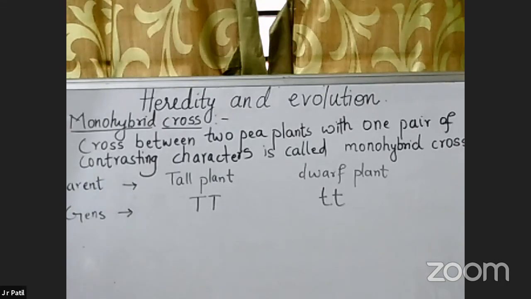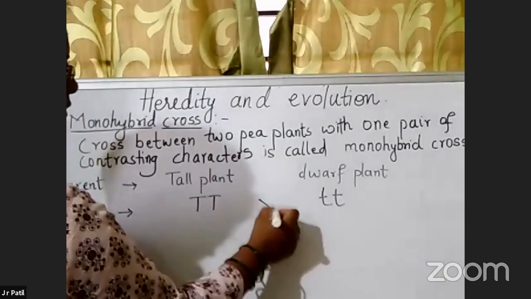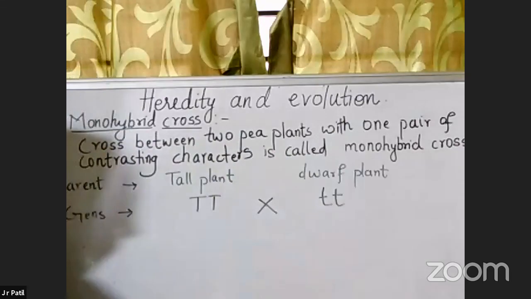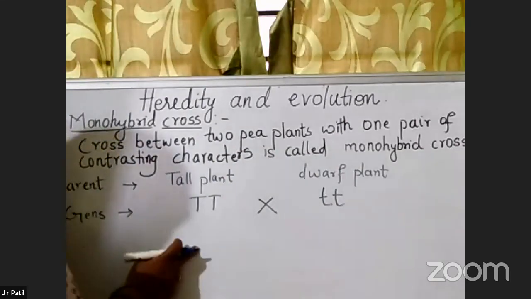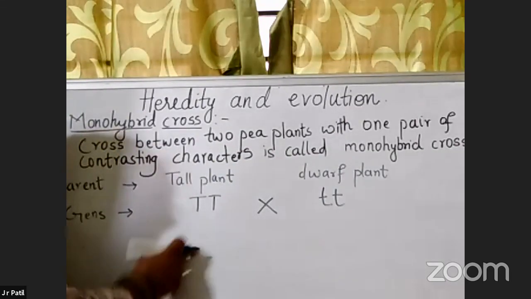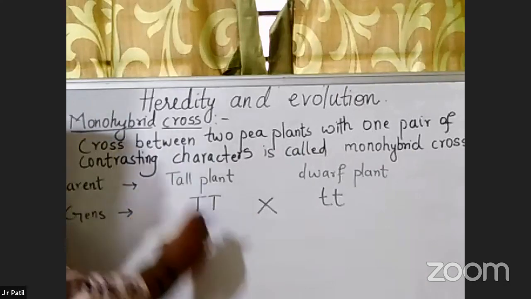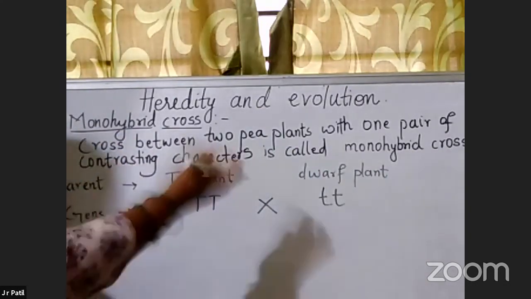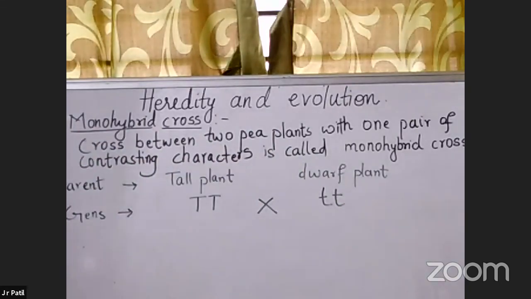So when we are doing cross pollination, we cross this tall plant and dwarf plant. That means we put the pollen grains of the tall plant on the stigma of the dwarf plant's flower. So we do cross pollination between one tall and one dwarf.